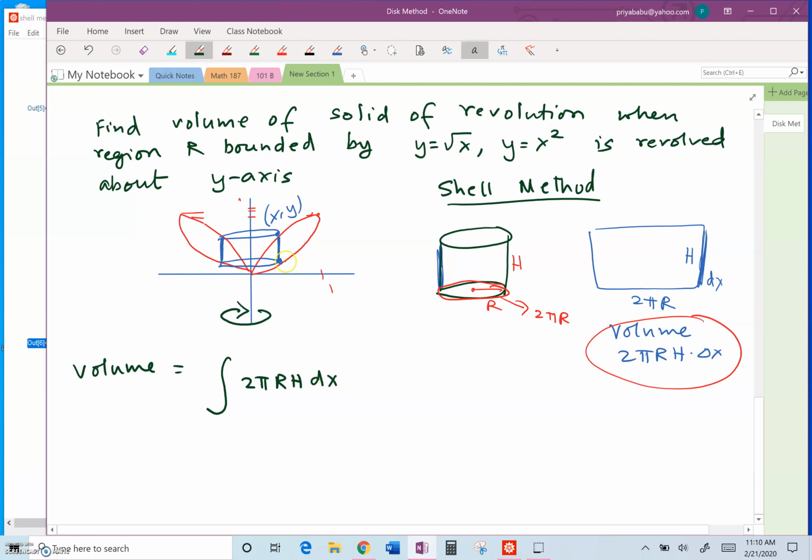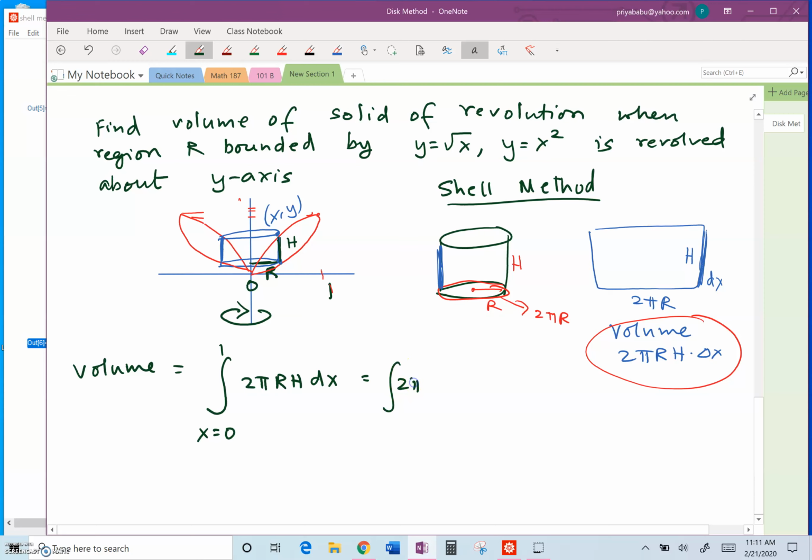The dx is that super thin width of the shell, and x starts from 0 all the way to 1. Now we're going to give expressions for r and h, and then integrate with respect to x. Here, this is the h value, the height of the cylinder, and this is the radius of the cylinder.